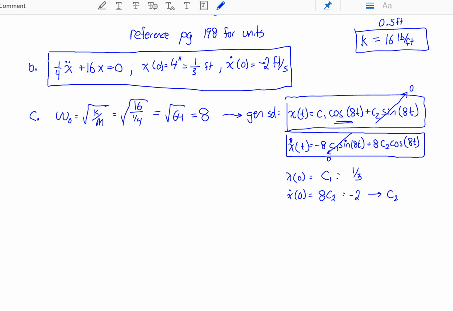This tells us C2 has to be -2/8, or I'm going to write it as -1/4.